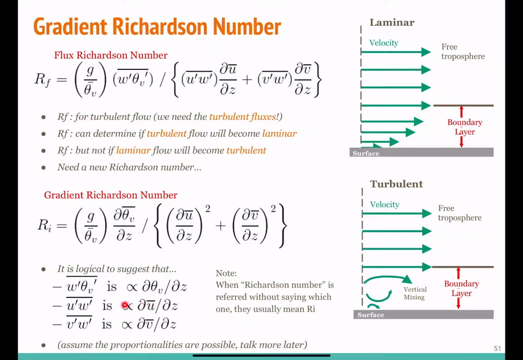This makes sense because if you have a profile looking like this, the U wind is increasing with height, which means that the higher velocity wind is transferring its momentum downward to the weaker wind. So the transport is pointing downward, which means it's opposite in sign. We have to put a minus here. It's called down gradient.